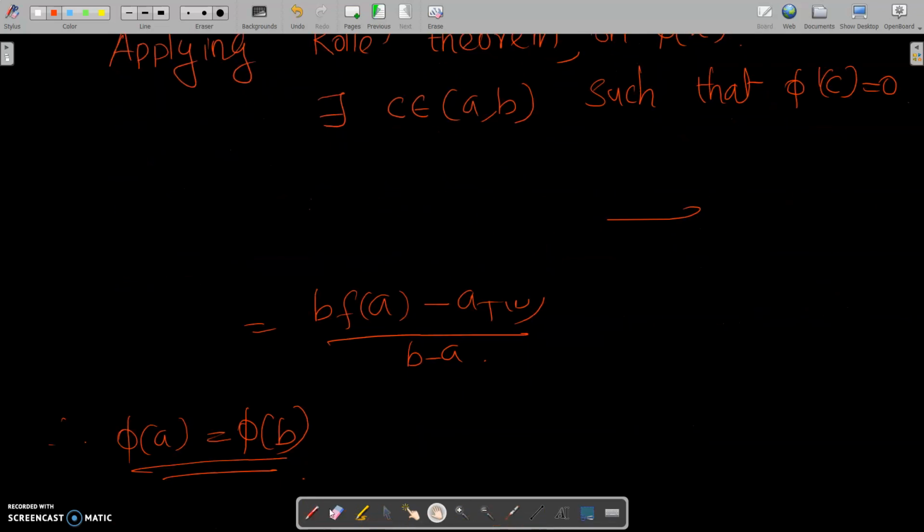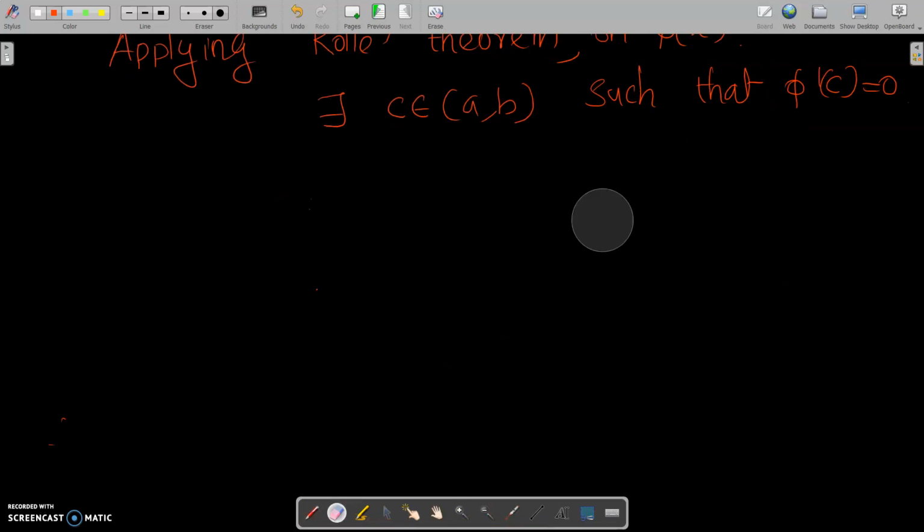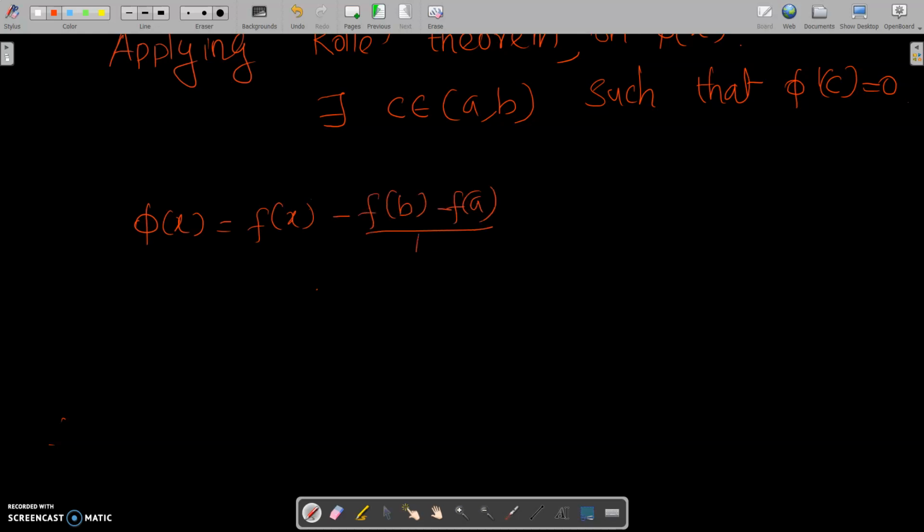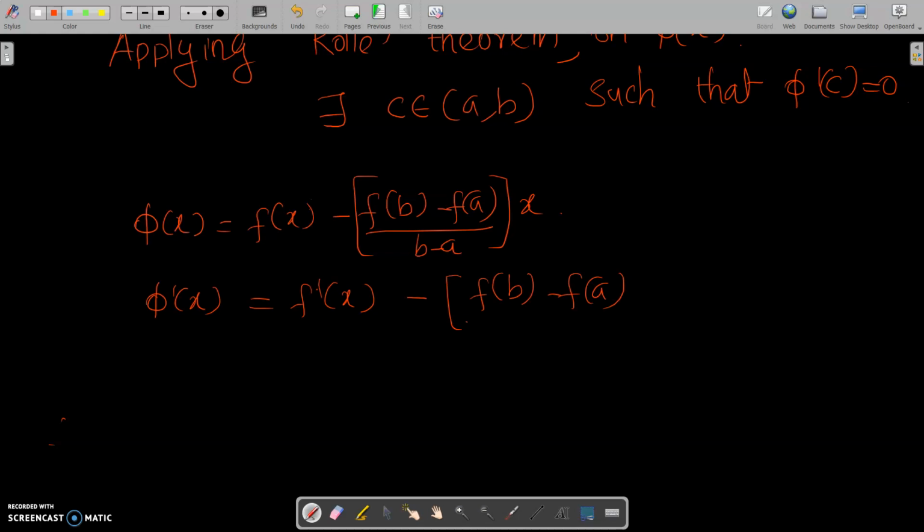And what is phi dash c actually? We have phi of x equal to f of x minus f(b) minus f(a) divided by b minus a, into x. So phi dash x is equal to f dash x minus, taking the derivative, f(b) minus f(a) divided by b minus a.